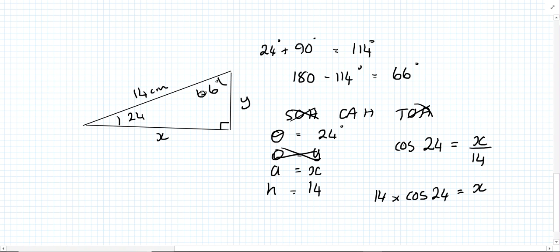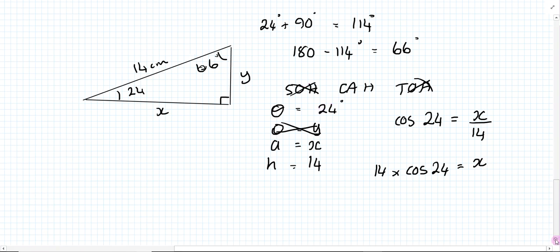But do you understand that cos of the angle is a number? You can't just swap the numbers around. 14 is the length of the side. That's why I said make sure you say it correctly, cos of the angle. It will help you remember. Why would I change to cos of the hypotenuse? It makes no sense.